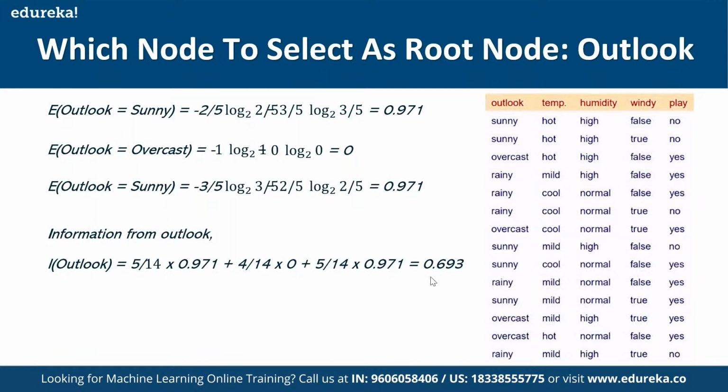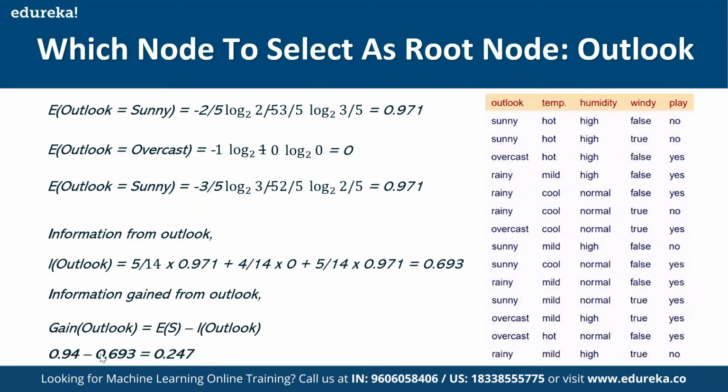And you will calculate the information from this outlook. And once you calculate the information, you will subtract it from your total entropy, which I found in the last slide, which was 0.94. You will subtract this and you will get the information gain, or this is also called the information gain from a particular feature.